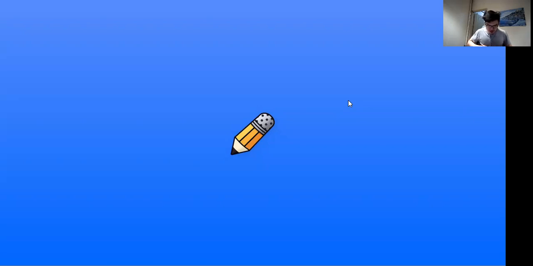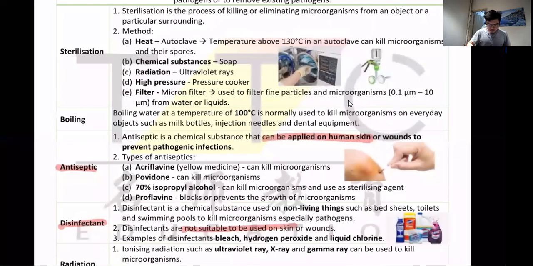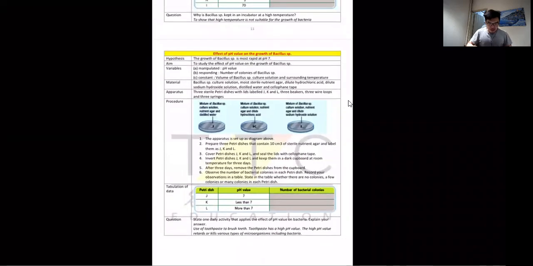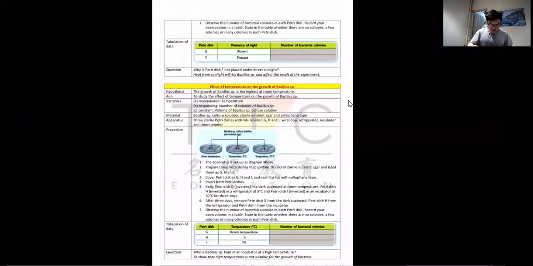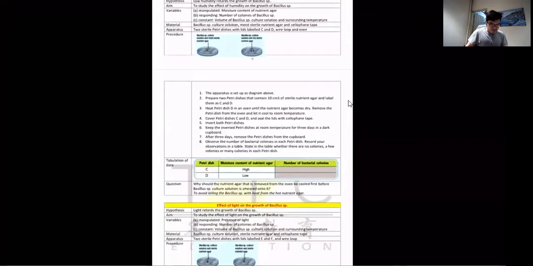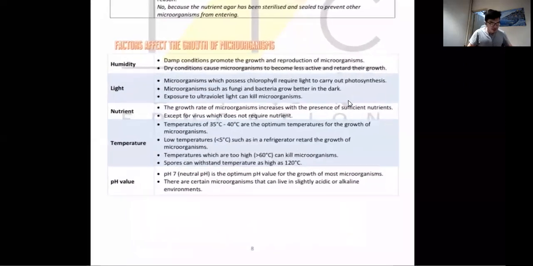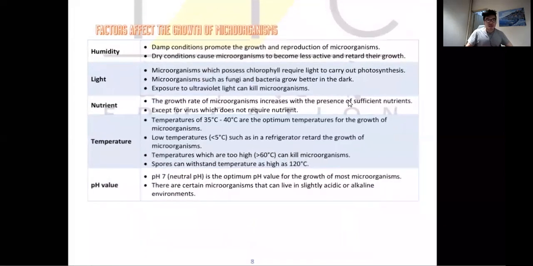So what are we doing today? Last week we were supposed to be here: factors affecting growth of microorganism. I'll quickly go into this and then we will go into the exercise.